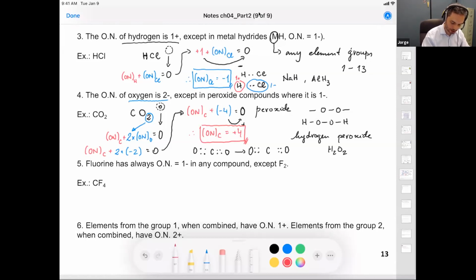And that's the meaning of an oxidation number of 4 plus and an oxidation number of 2 minus. Okay. The meaning is that the electrons are closer to the oxygen and farther from the carbon. So oxygen, for some reason, likes to pull the electrons closer.